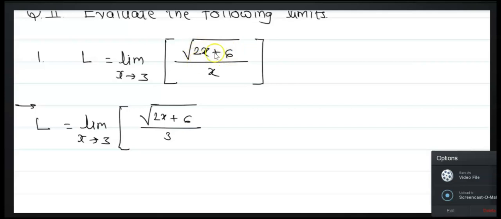That is root of 12 upon 3. We do not have any problem here. We do not get an indeterminate form. Therefore, in this case we directly substitute x is equal to 3 because we are not getting an indeterminate form.